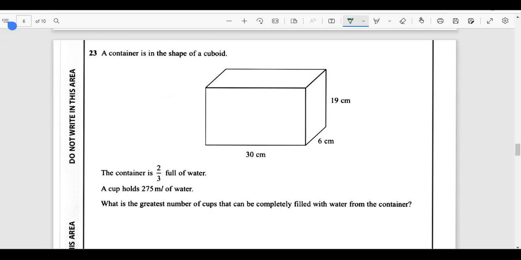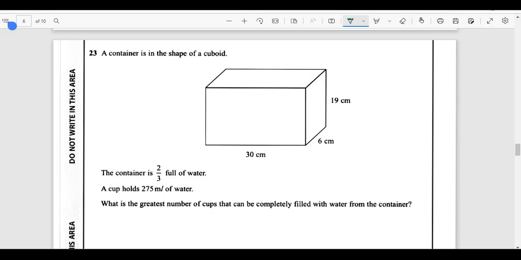The greatest number of cups? Yeah. Think about it once again. So you do 30 times 90. Then you divide it by 2, divided by 2. Is it 8? Very good.